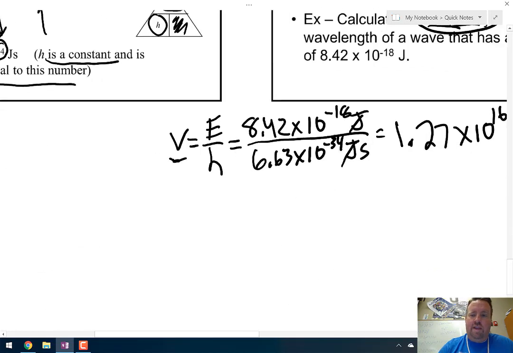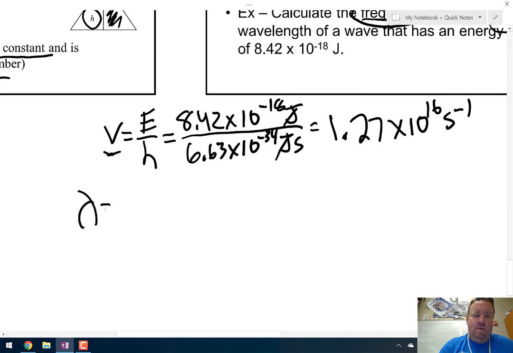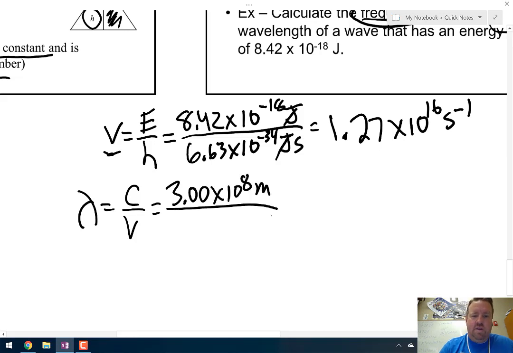So wavelength is equal to the speed of light over the frequency. So 3 times 10 to the 8th meters over seconds is the speed of light, divided by 1.27 times 10 to the 16th seconds to the minus 1.